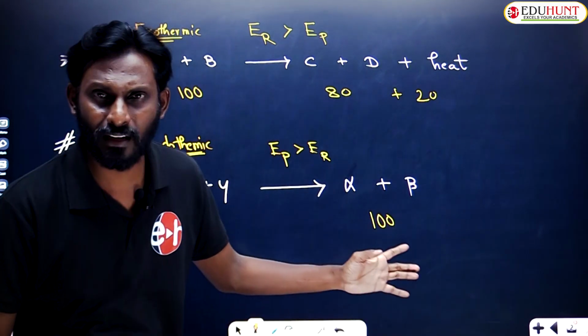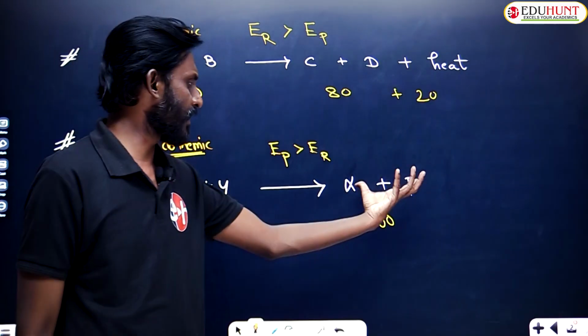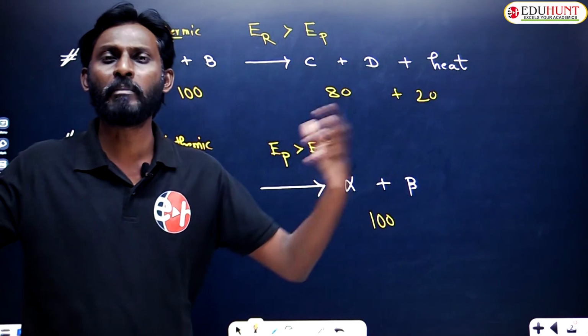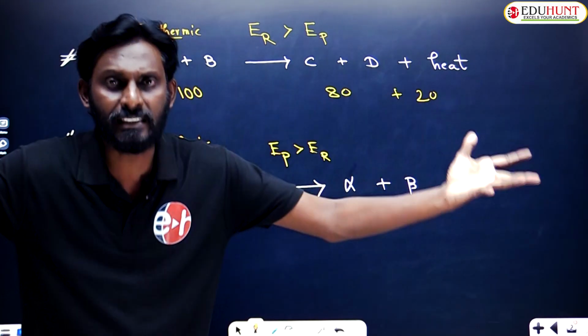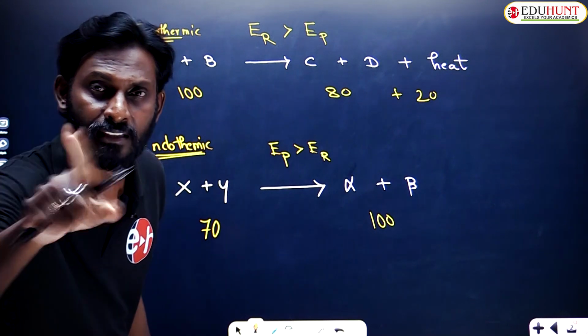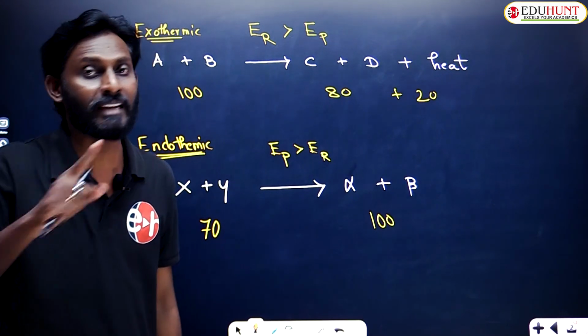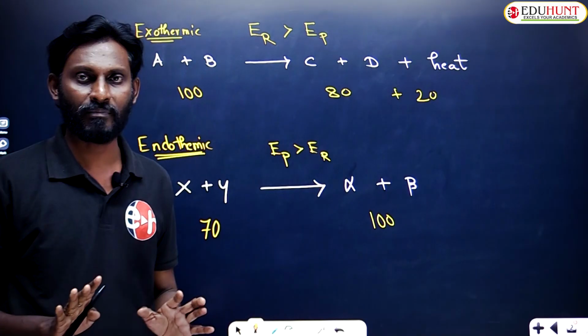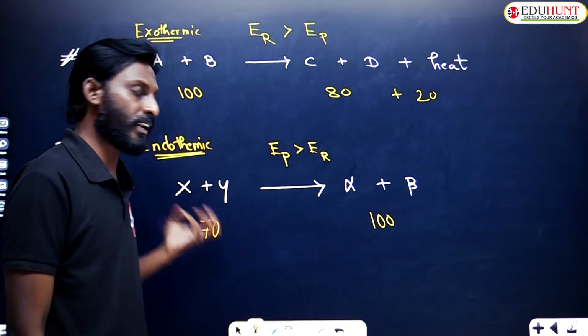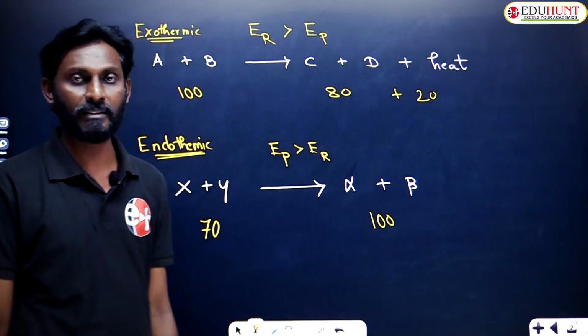Is that quite possible? Yes, possible, sir. These are different chemicals. Different chemicals have different geometries, different stabilities, different energies. But the law of conservation of energy says energy can neither be created nor destroyed, right? Now how did 70 units of energy convert to 100 units of energy?